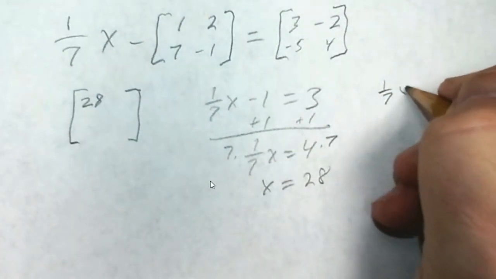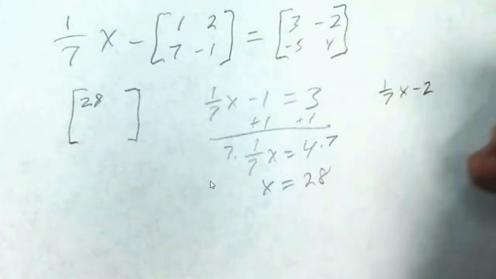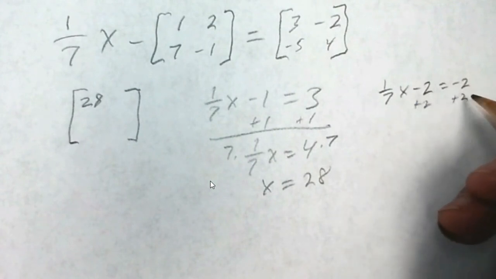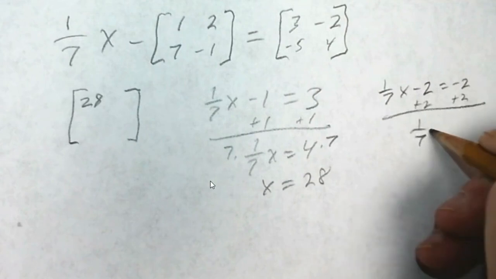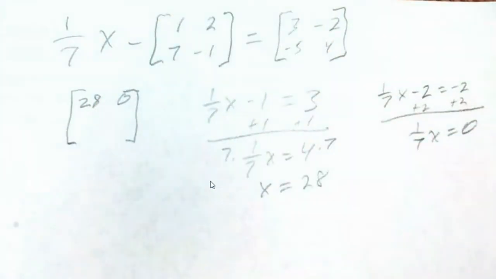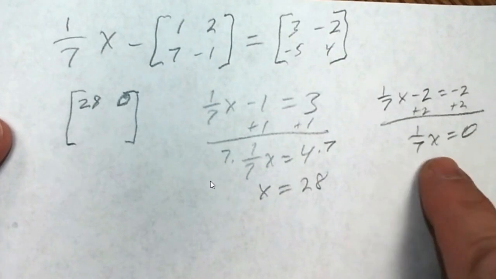1/7 X minus 2 equals -2. Add 2. 1/7 X equals 0. So this just has to be 0, because that's the only thing it can be. If 1/7 times X equals 0, X has to be 0.